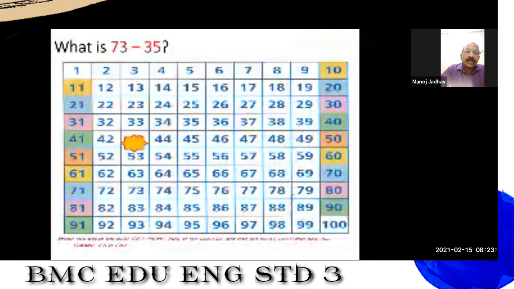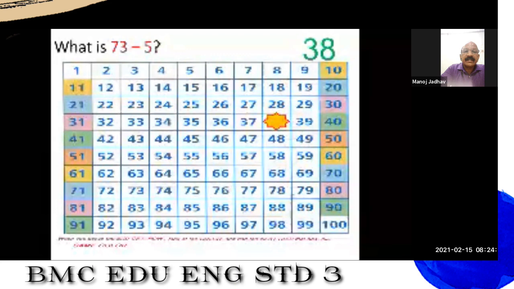Now from 73, 10 steps together, 63, then 53, then 43, and now 5 more steps, 42, 41, 40, 39, 38. The answer is 38, right? Very good. Very good, children.